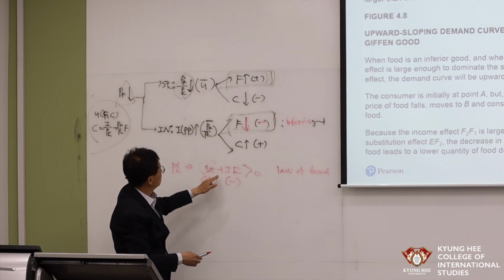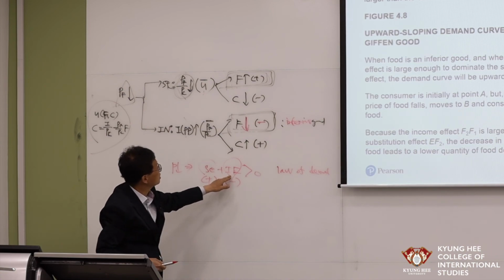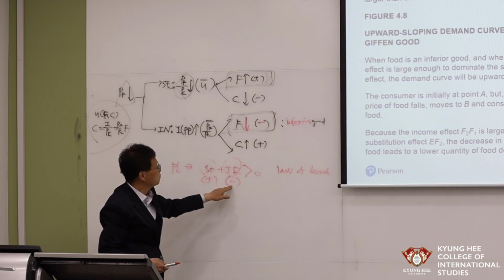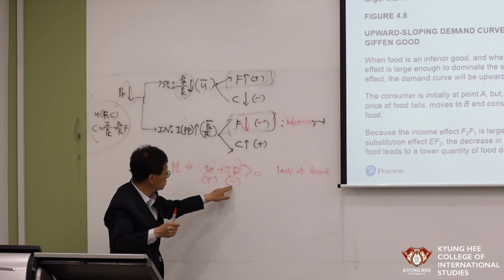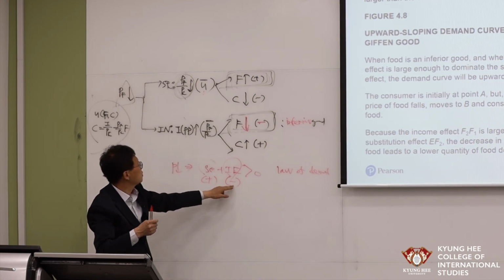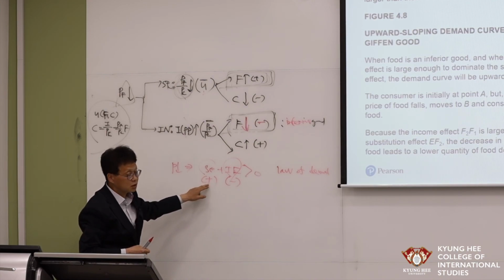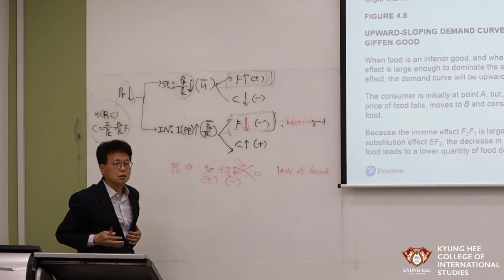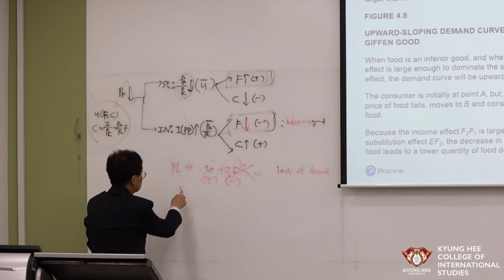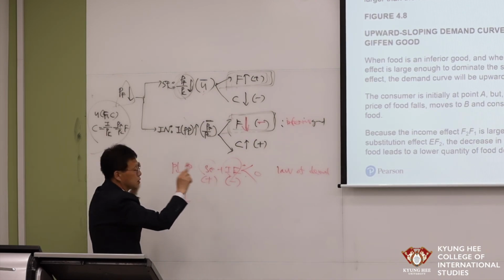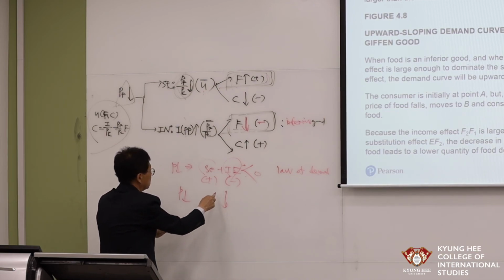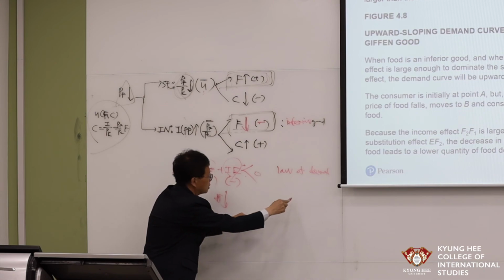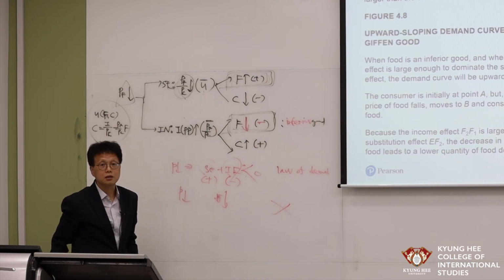But this negative income effect is stronger than the substitution effect. The negative income effect overwhelms the positive substitution effect. Then what happens? Total demand decreases. The price decreases, then demand for that good decreases. Consumption of that good decreases. So the law of demand is violated.